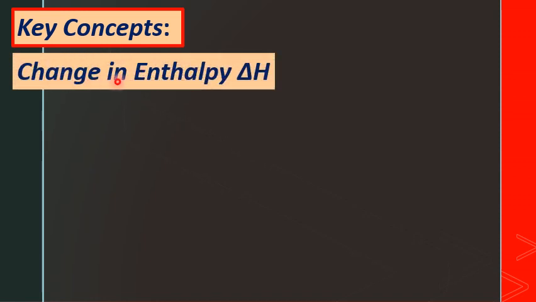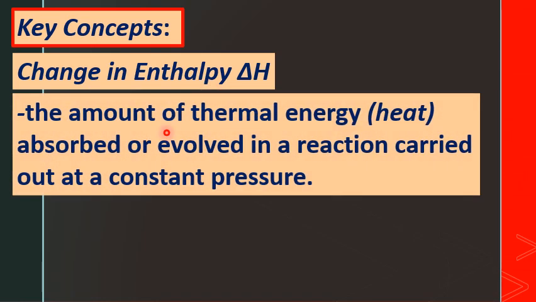What do we mean exactly by change in enthalpy? Well, change in enthalpy, denoted by delta H, is the amount of thermal energy or heat that is absorbed or evolved in a reaction carried out at a constant external pressure.